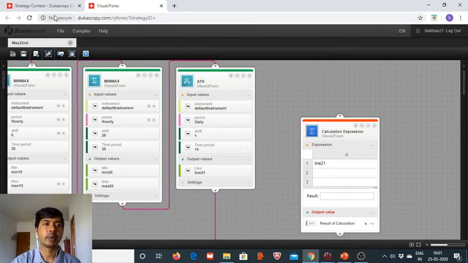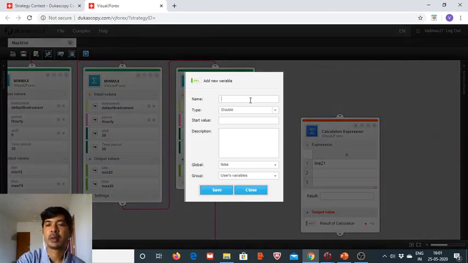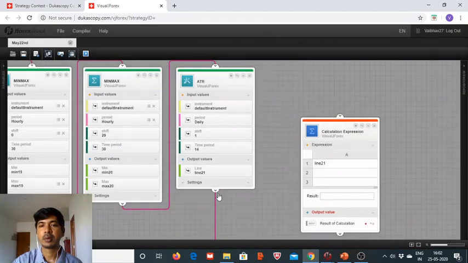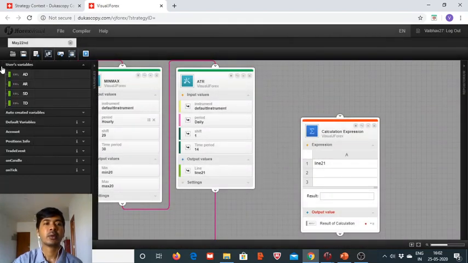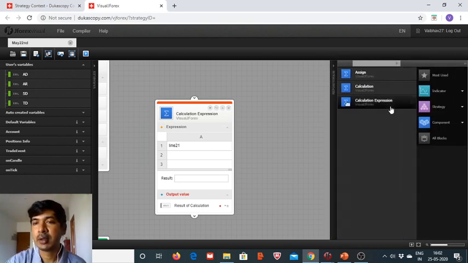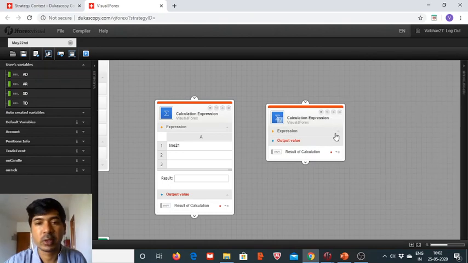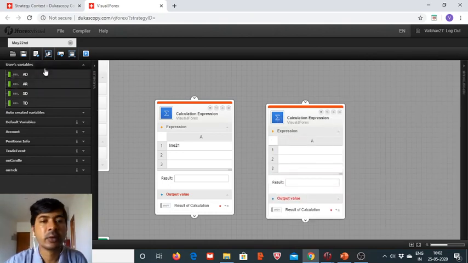So we may create one more variable, and it will be target difference TD, and it will be 0.5. And now we will need one more calculation expression as well. So we bring it straight away, we try to speed up the process and get the results faster.